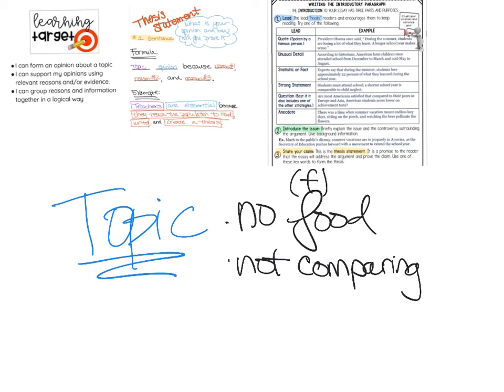Because we are not persuading anybody. I wasn't trying to persuade you to like the University of Oregon more than Oregon State University. That is not the purpose for our writing. Our writing today and this next month is just your opinion, so we're not comparing one to the other.